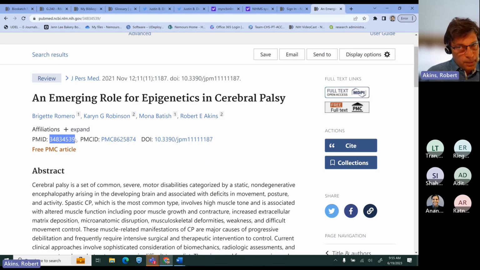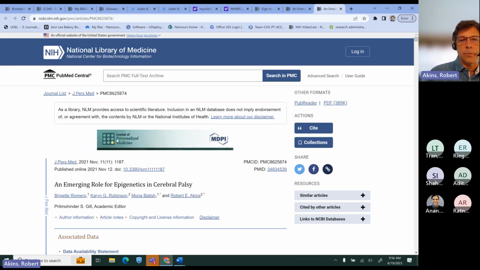PubMed is great. It's fine. A large number of references are included. The one that matters to NIH is PubMed Central. So I'm going to click on this. PubMed Central is actually freely accessible. When you take federal funds for work and you publish that work, it has to eventually be accessible through PubMed Central.